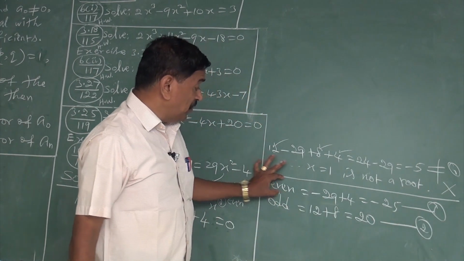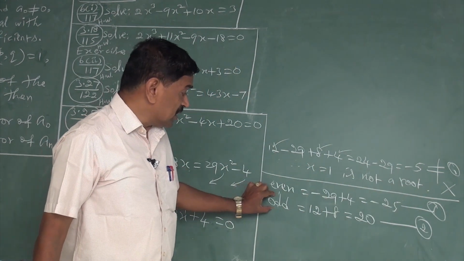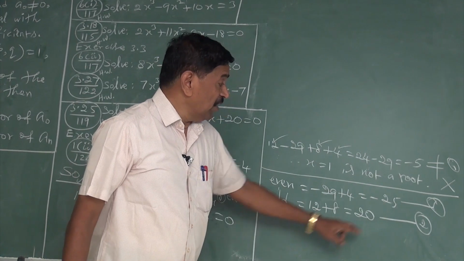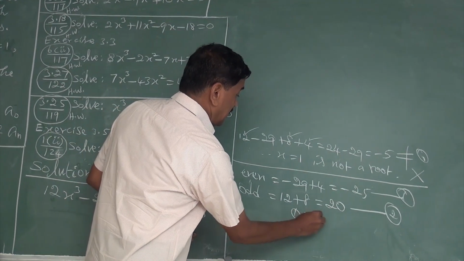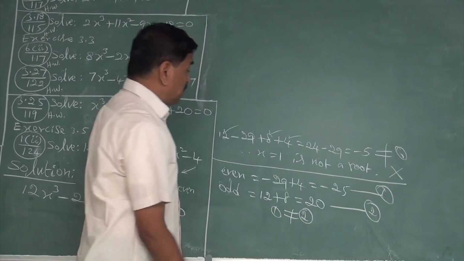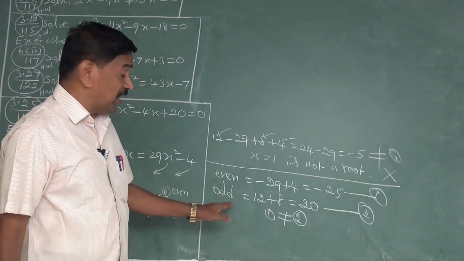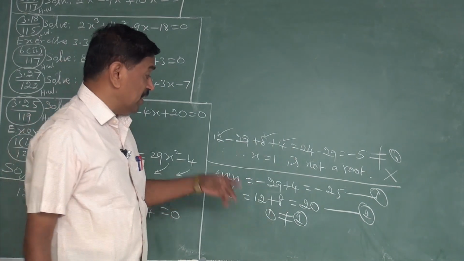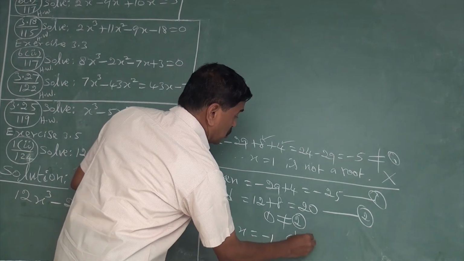The sum of coefficients of even powers is equal to minus 25, and the sum of coefficients of odd powers is equal to 20. Are these two answers equal? No. The first answer is not equal to the second answer, which means the sum of coefficients of even powers is not equal to the sum of coefficients of odd powers. Therefore, x equal to minus 1 is not a root.